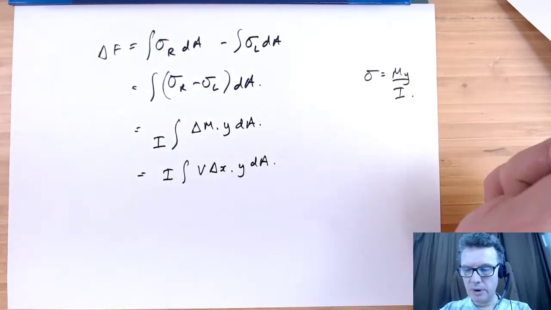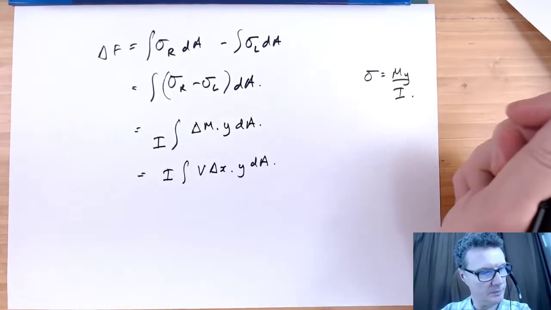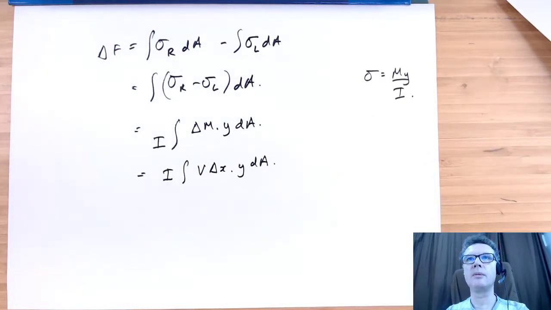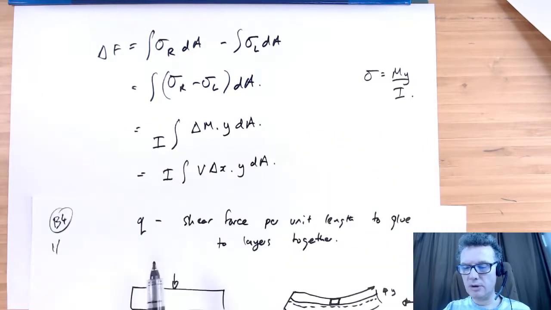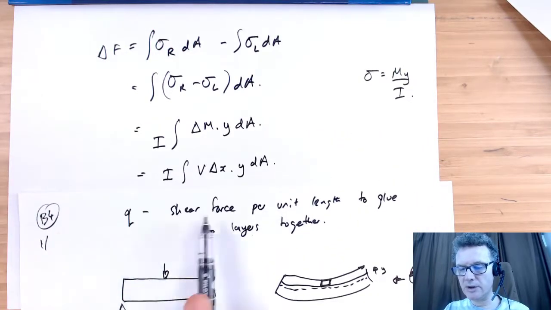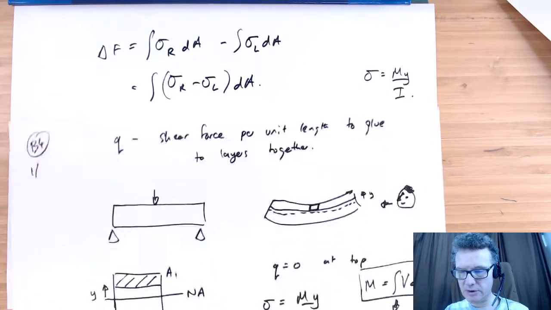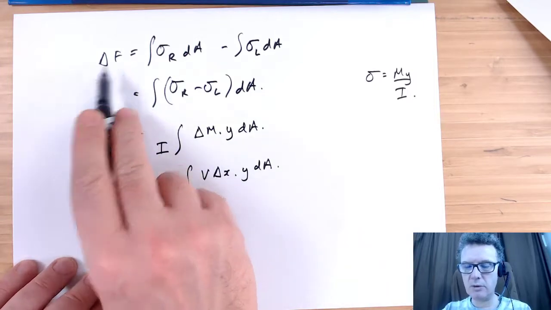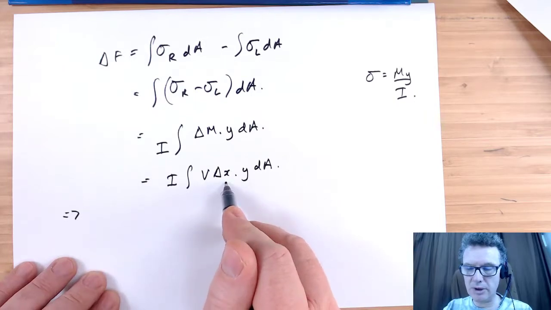Okay, so how am I doing? Okay, had to have a little think about it. So what we're trying to do is get the shear force per unit length to glue these two layers together. So we're trying to get this force here per unit length. At the moment I've got the force along the bottom, so now let's divide through by delta x.